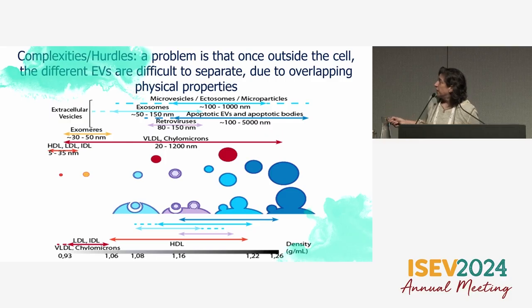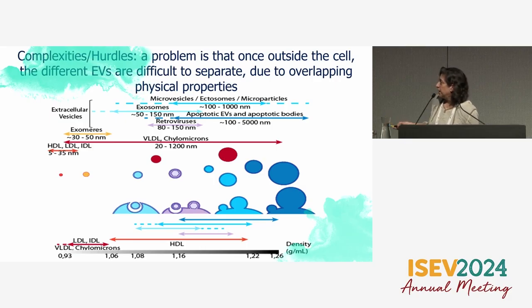So on the top here is illustrated the size of the EVs, and the exosomes and the smallest ectosomes overlap in size, but also overlap with apoptotic EVs and apoptotic bodies, and with retroviruses, which actually could be considered as an extracellular vesicle, and also overlap with some lipoproteins.